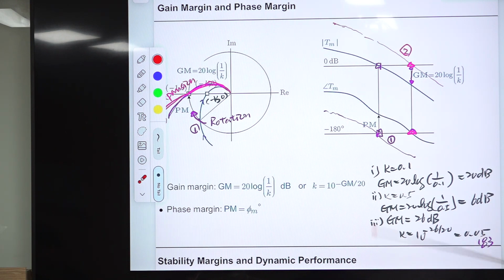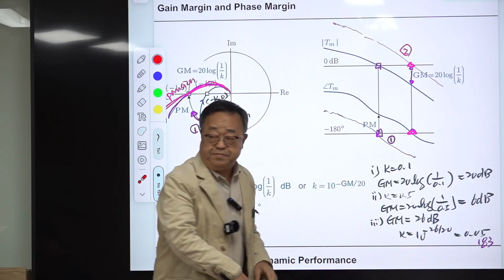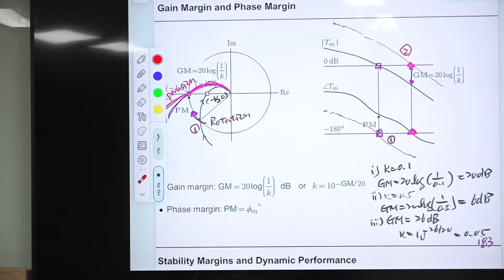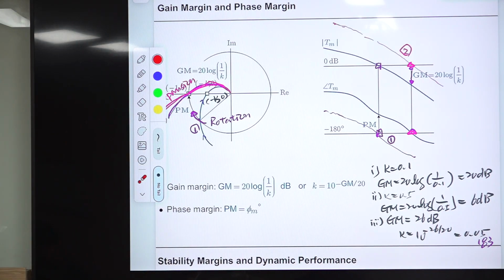Exactly the same information as this one. So the phase margin means you have this much margin, so you introduce the additional phase delay of this much.